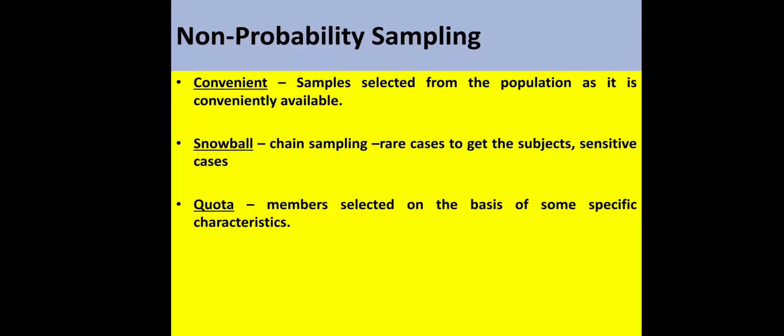You have a population where the size is not very large, or for your research purpose, based on your interest, your area, your objective, you have decided to select this specific population. It means your choice is there. You're able to make a choice of selecting the samples for your research purpose. So this is convenience sampling.